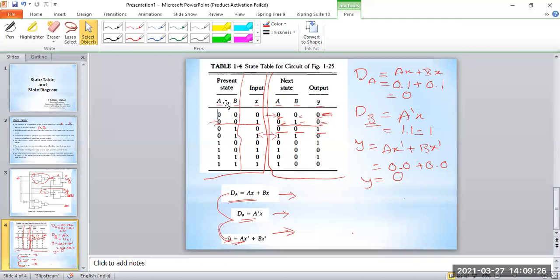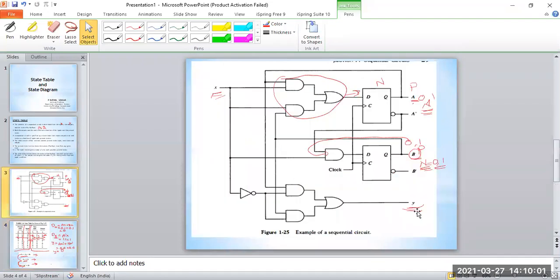Present state is nothing but the present values of flip-flop A and flip-flop B. Input X is the external input which is coming from other circuits. The next state of A, B are the next values of flip-flop A and flip-flop B after a particular operation is performed. And output is the overall output of the sequential circuit, which you can see in this diagram. Understood?